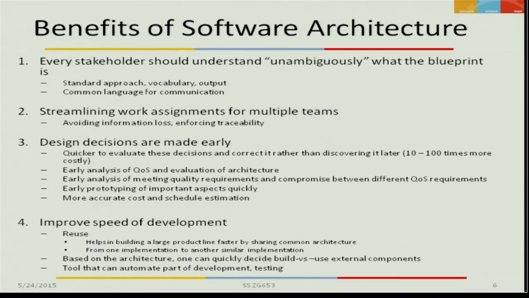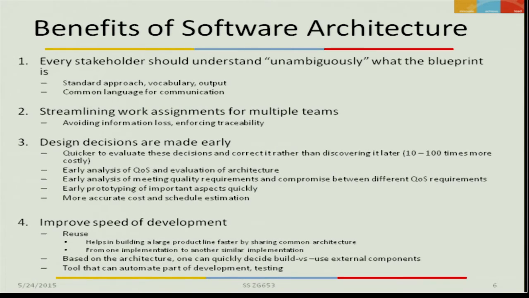It helps in building a large product line by sharing the common architecture, because everybody is speaking in the same language, same vocabulary. Reuse is possible from one implementation to another, and based on the architecture, one can quickly decide whether to build or use an external component, or use internal components. Such decisions can be made really quickly.